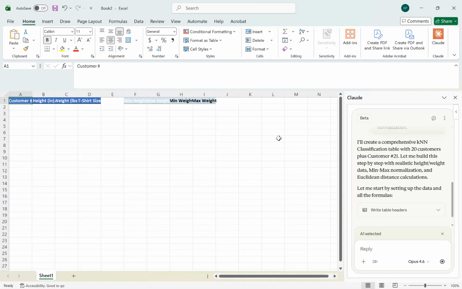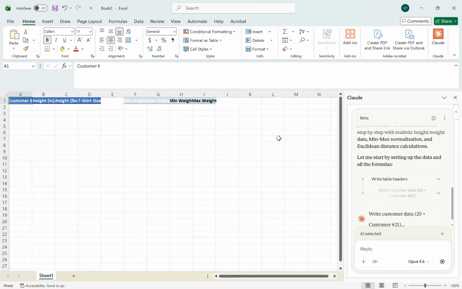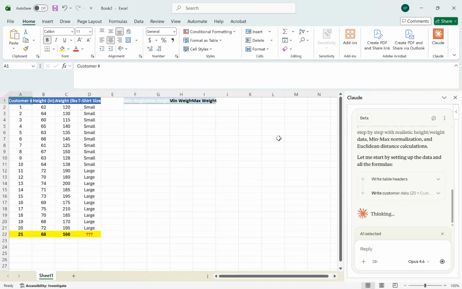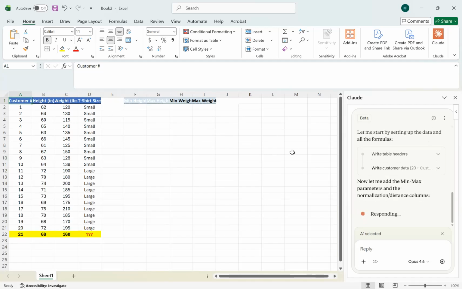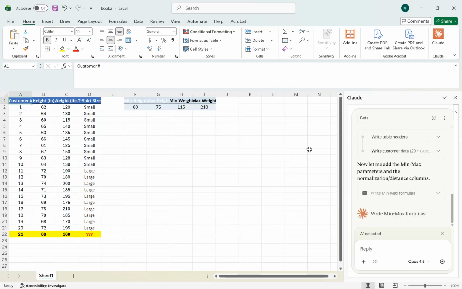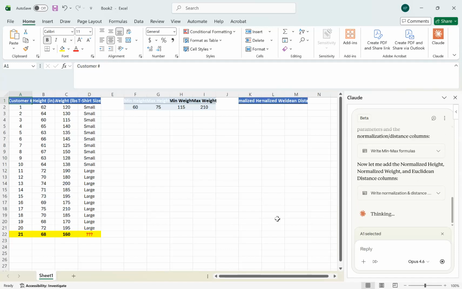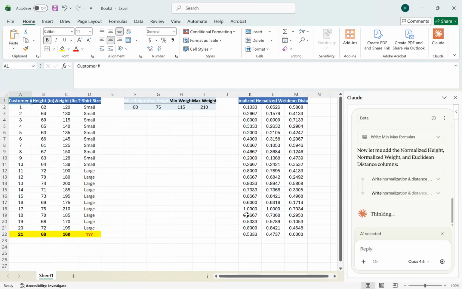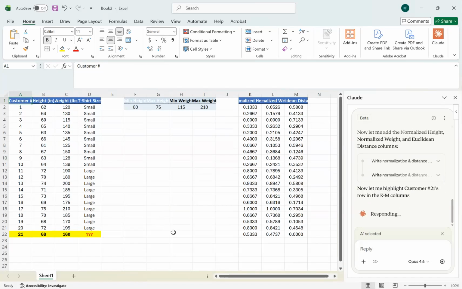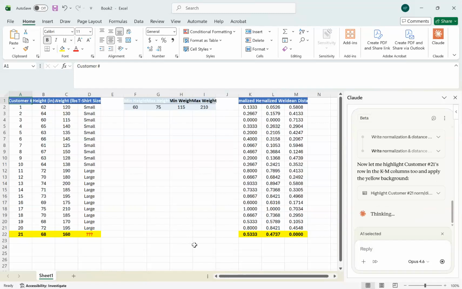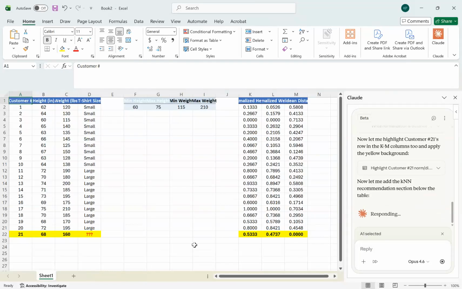Even the widths of the columns are not good enough for us to be able to see everything, but it'll auto fit everything for us. It has arranged the tables in a way where it's easy to understand what it has done. That will also help me explain the concept very well.